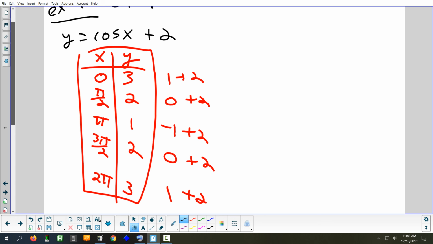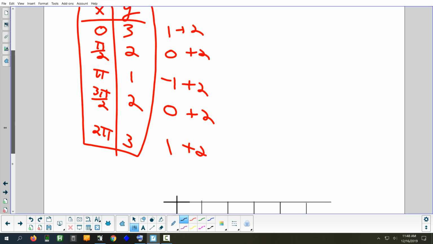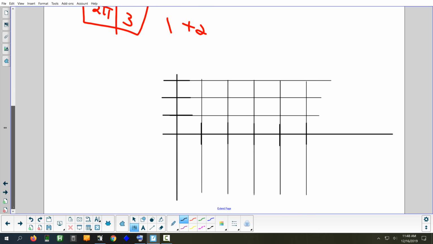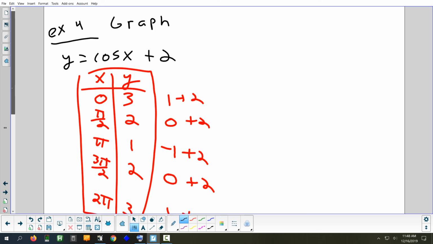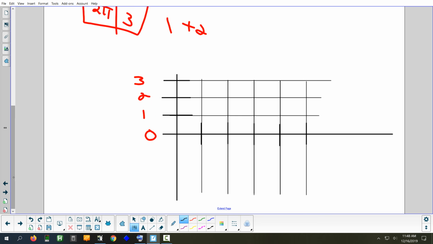So there's your table. Now let's make our sketch. Here's my y-axis. And my x's. Just put them right here. I try to not put the labels where I'm going to have to draw over them, because then if you draw through your labels, it looks confusing. Pi over 2, pi, 3 pi over 2, 2 pi.